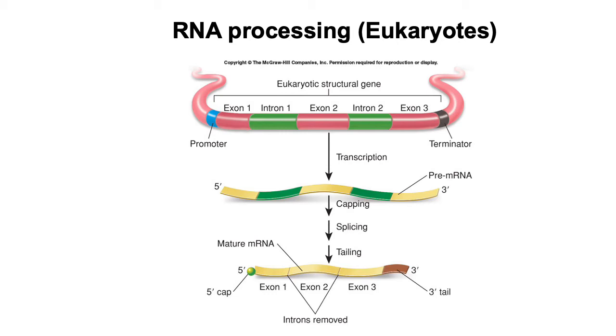Then the pre-mRNA becomes what we call a mature mRNA and is transferred outside the nucleus into the cytoplasm. Three things happen. One of them is capping, one of them is splicing, and one of them is tailing. You see those three here indicated by those three arrows. All three of those occur to give us a mature mRNA from the pre-mRNA. All right, so let's talk about each of those separately in the next slide.